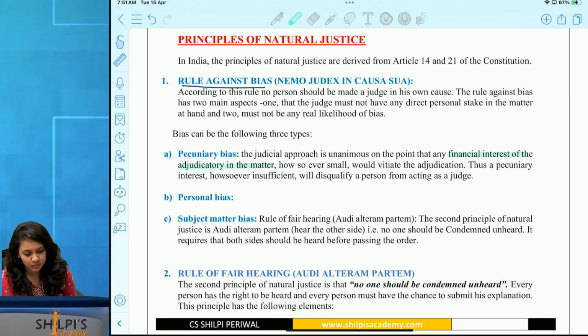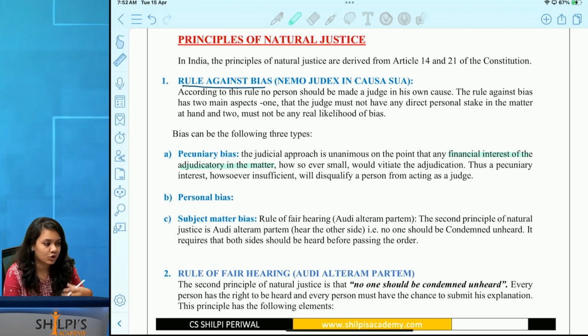There can be subject matter bias, whereby the judge may be strongly opinionated about a certain principle or a certain subject matter. So, let us say for example, the judge is against the concept of deforestation or is a feminist, and if a matter related to that comes before him, then he is more likely to rule in favor of one person. There itself there is some kind of a bias.